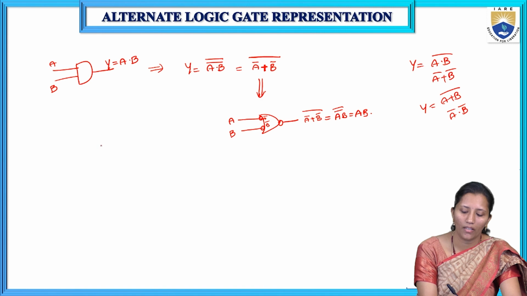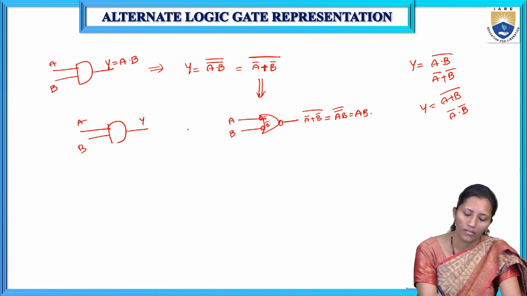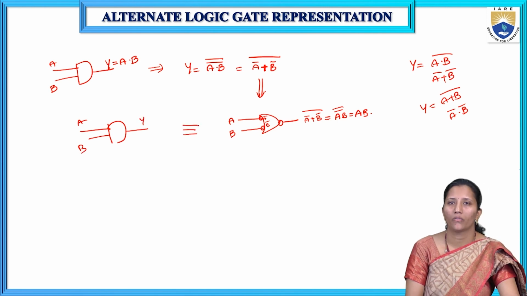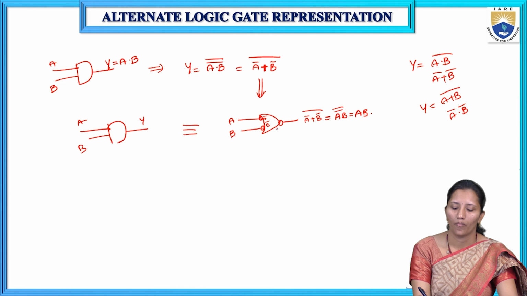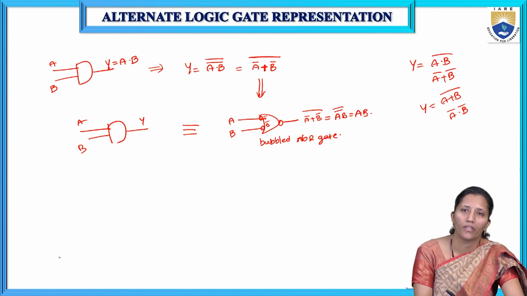So the alternate circuit for the AND gate, with inputs A, B and output Y, is the bubbled NOR gate. This is the equivalent circuit of the AND gate.